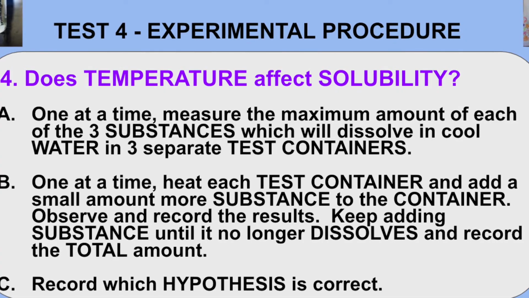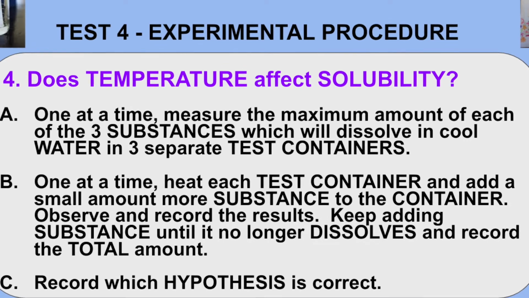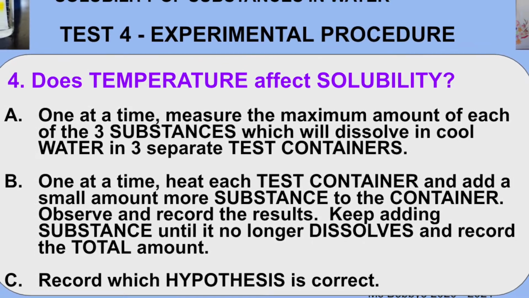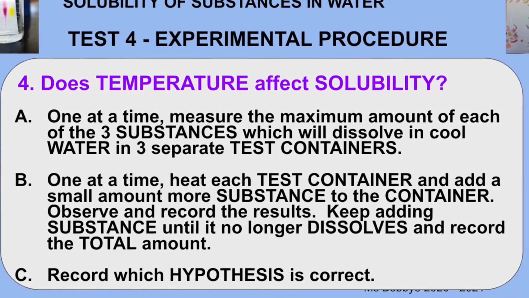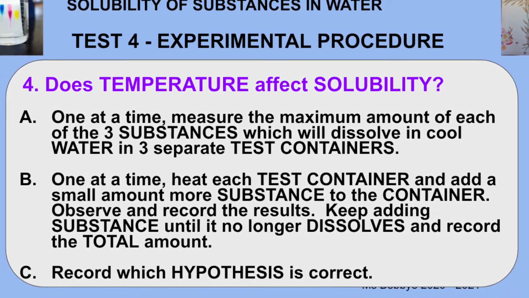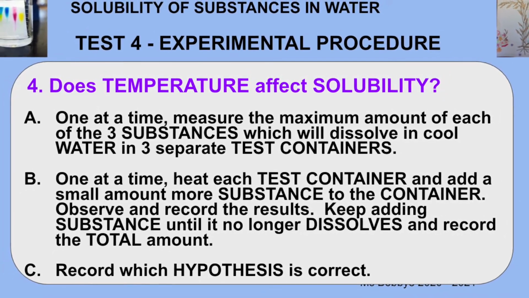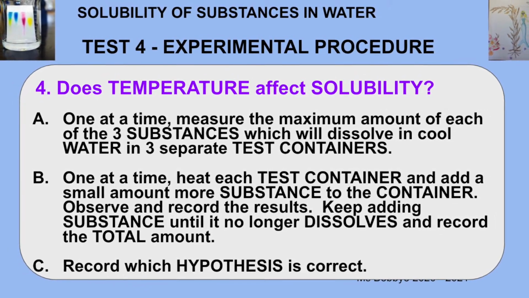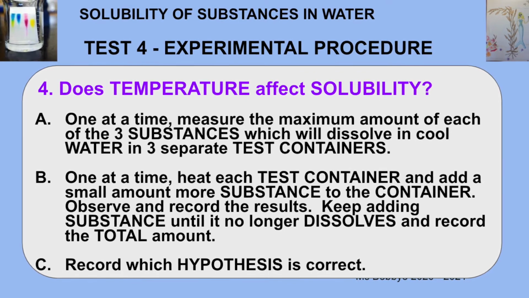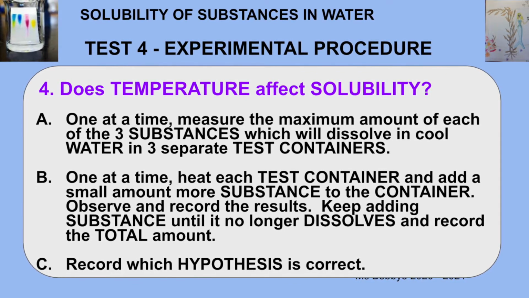Our last question was whether temperature affects solubility. We would take a saturated solution, one where no more of the substance would dissolve, in room temperature water, and then heat it up and see whether or not more of the substance would dissolve. Let's see what happened.